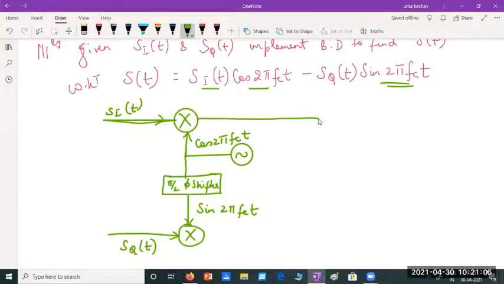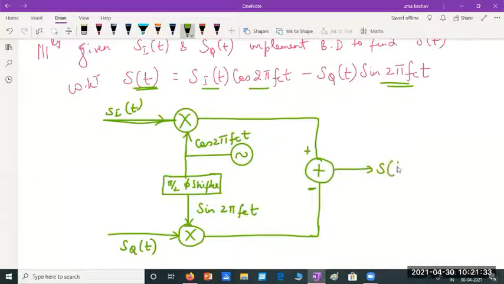And what should I do in the end? To get S of t, what should I add? You need an adder here. This signal is positive. Si into cos 2 pi fct comes with a plus sign. SQ into sin 2 pi fct should come with a minus sign. So the final output would be S of t.